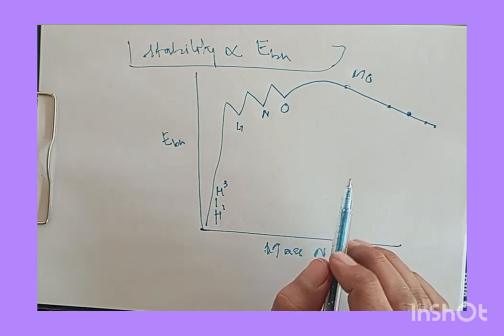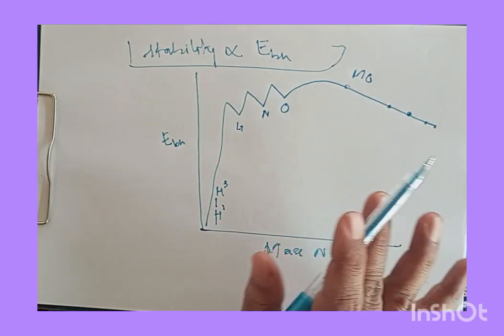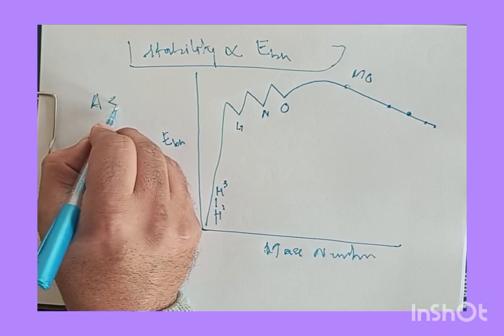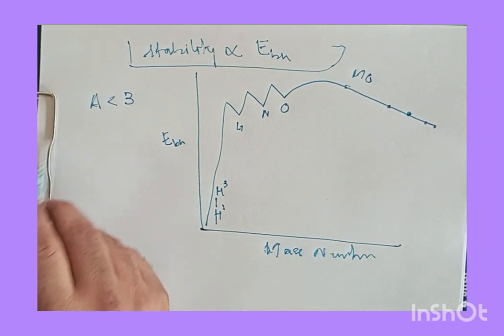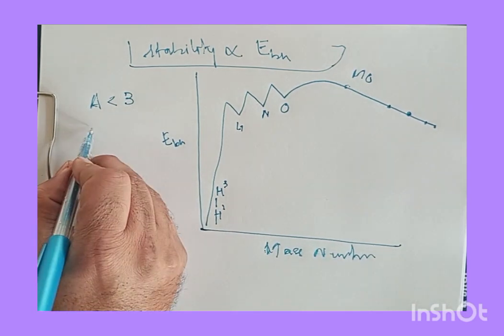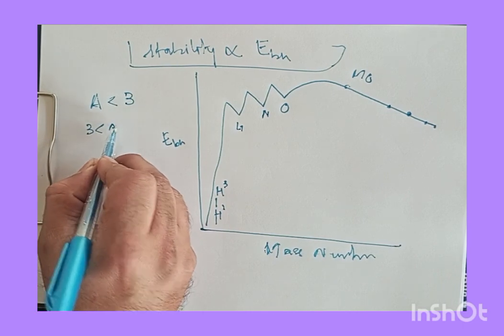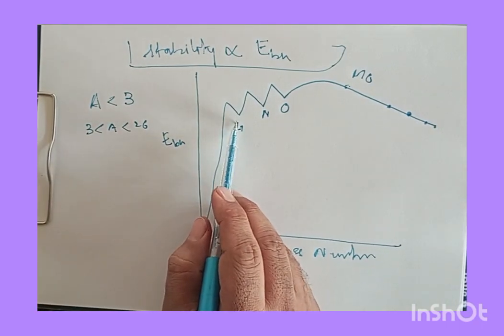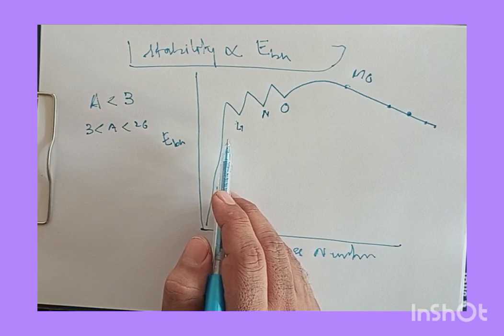What is important is that for nuclei with mass number less than 3, the average binding energy per nucleon is small, and some nuclei with mass numbers between 3 and 20 have large binding energy per nucleon than their neighboring nuclei.